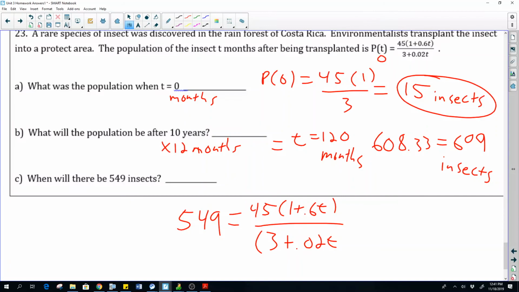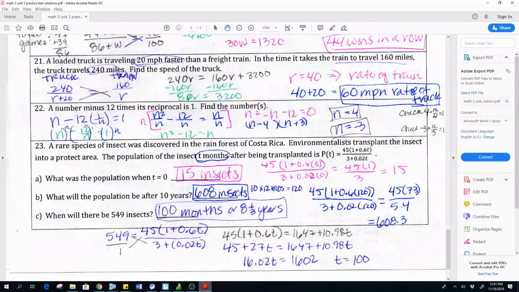You're basically just solving for t. Multiply the denominator to the other side, then distribute the 549 through, distribute the 45 through, and solve for t. When you do that, you get t equals 100 months, or 8 1/3 years.